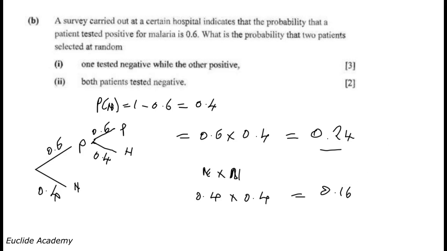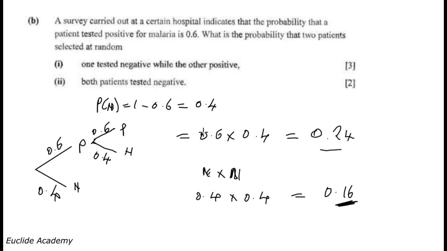So 0.4 squared should give us 0.16. So this is the probability that 2 people tested negative, 0.16, and the probability that one tested negative while the other positive is 0.24.